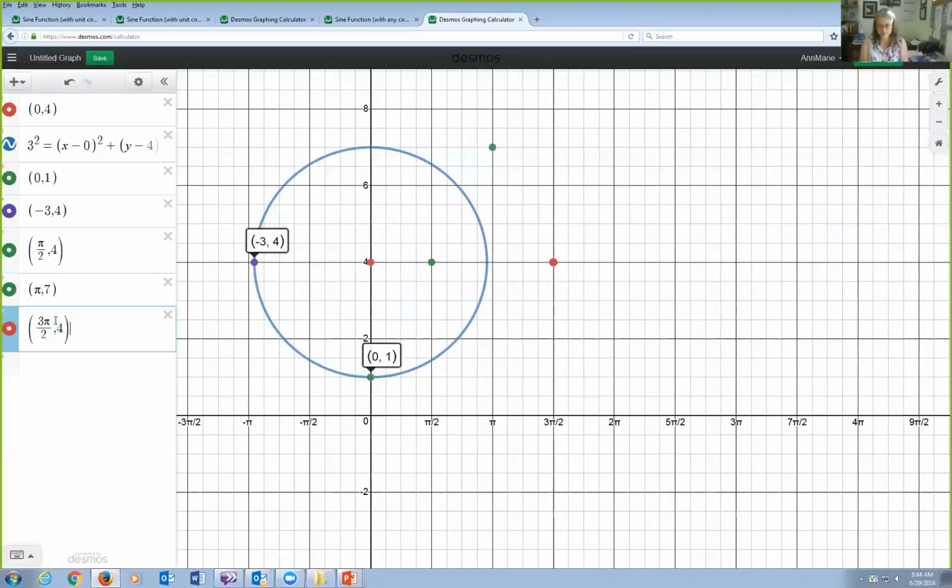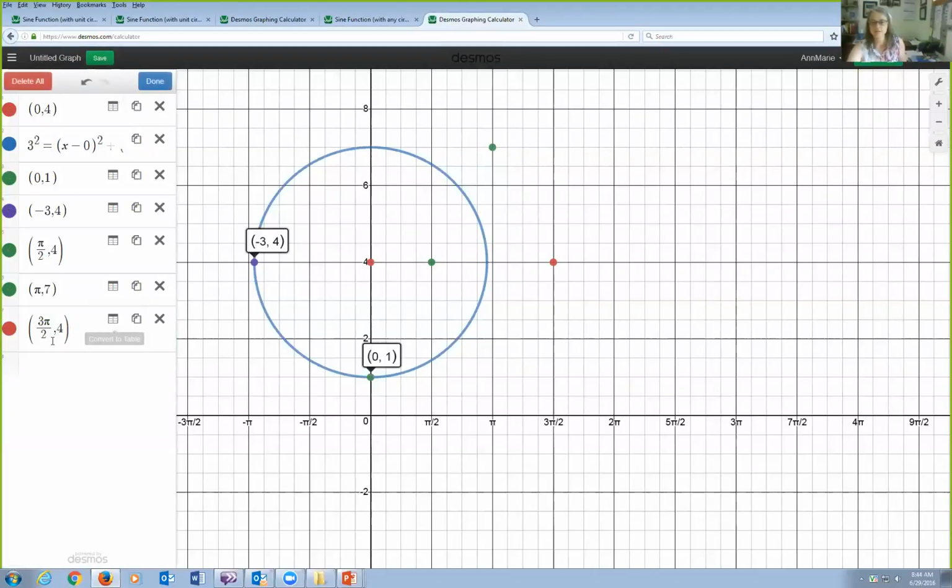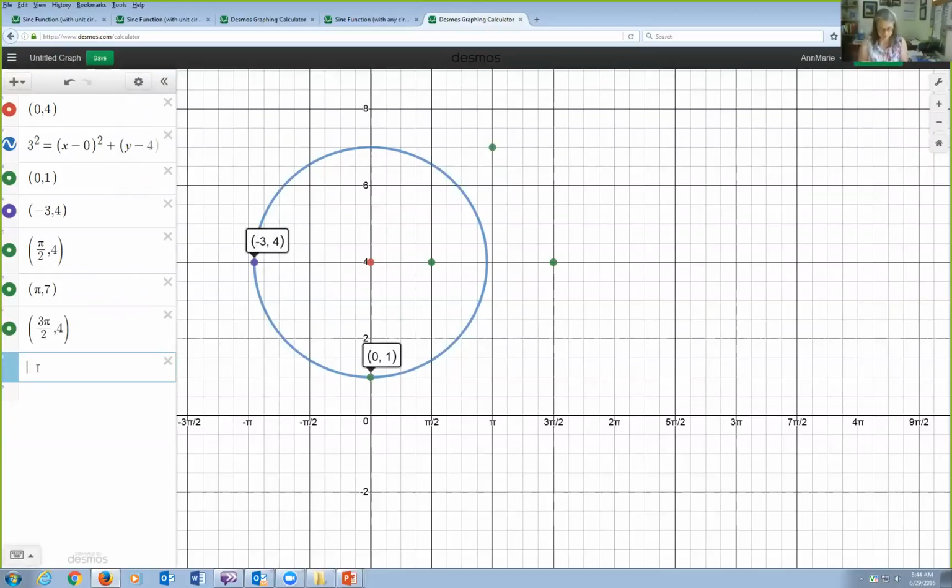And then if I keep going on around to 2 pi, I'm going to get back to where I started. If I were to keep going around, the same thing would happen.